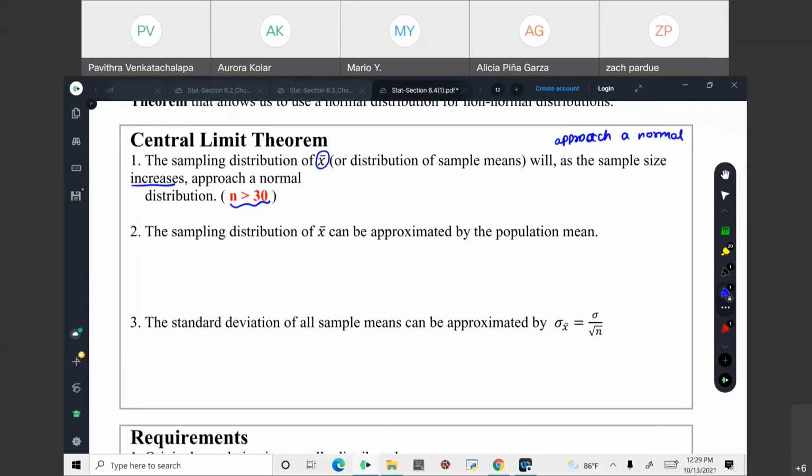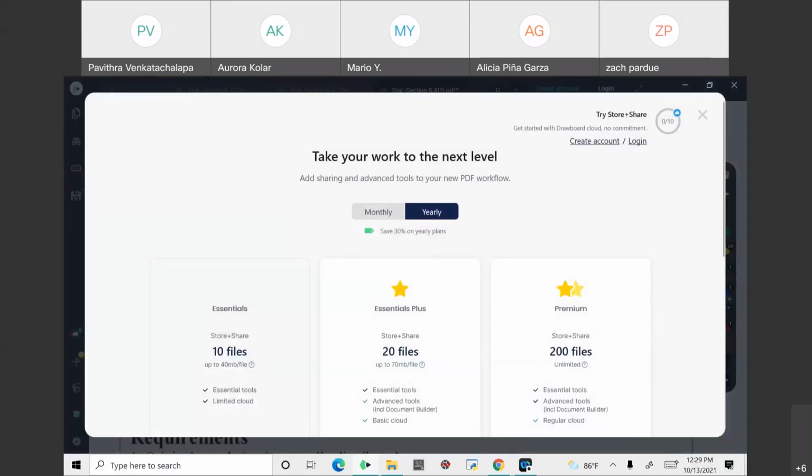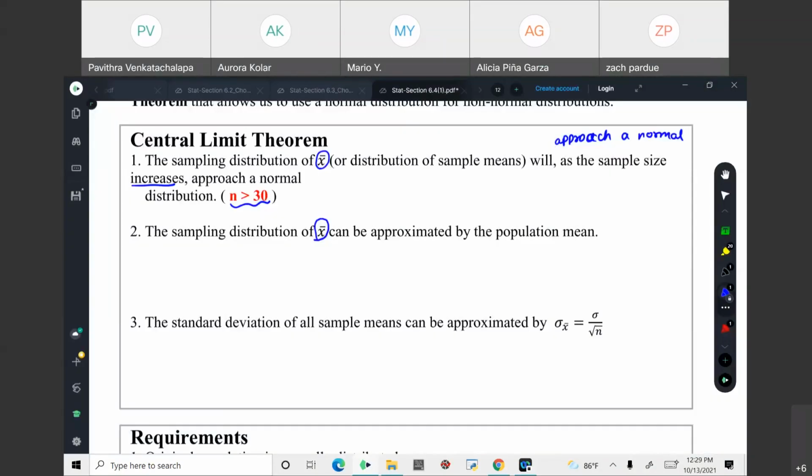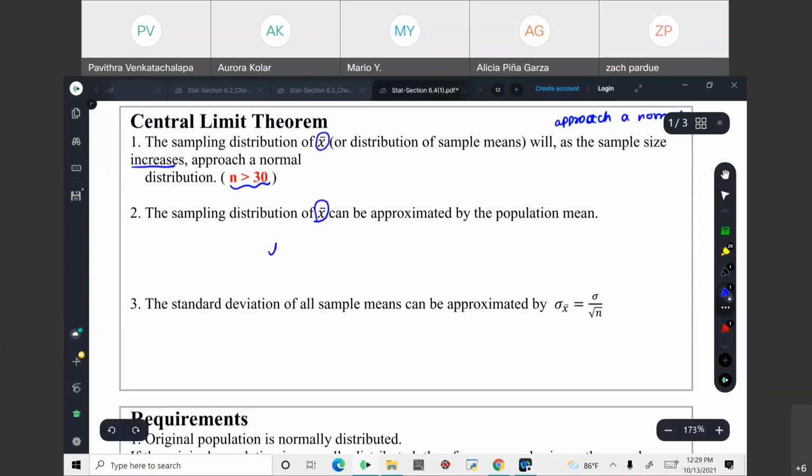Second requirement is that the sampling distribution of x bar can be approximated by the population mean. That means the mean of a sample will be approximately equal to the population mean according to the central limit theorem. That is what we saw in the previous section.